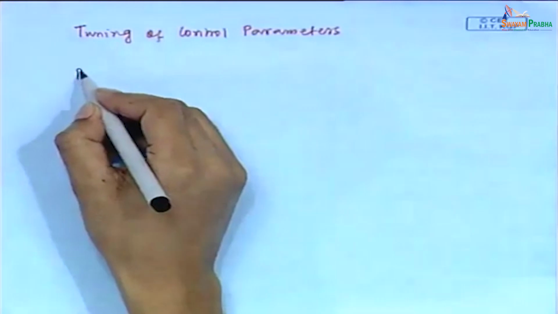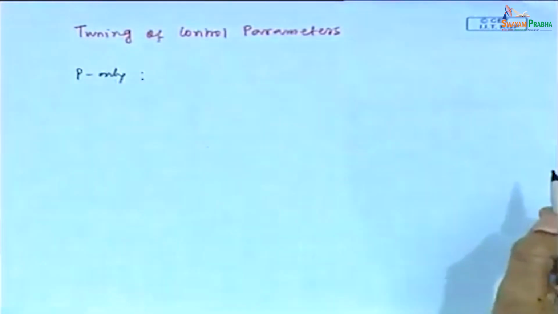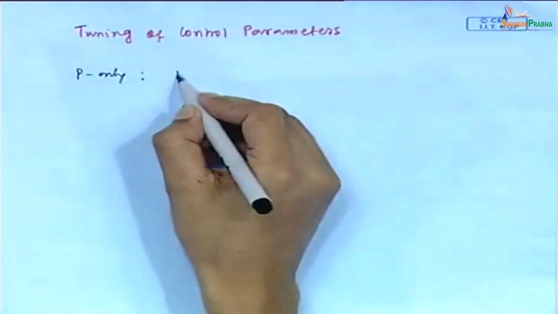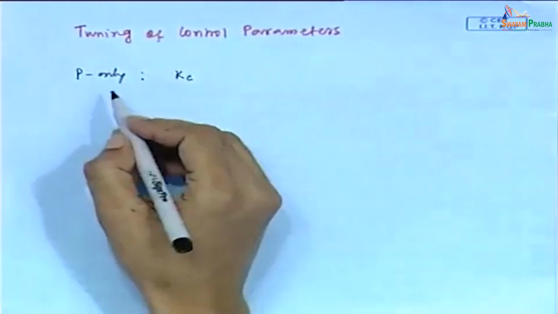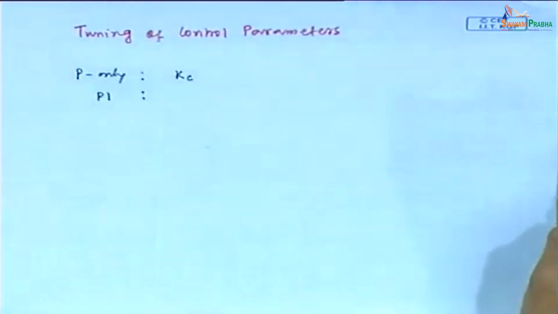We have discussed earlier three different control schemes: P only controller, PI controller and PID controller. For P only controller, one tuning parameter is there, that is Kc, proportional gain. In PI controller, two tuning parameters are there.